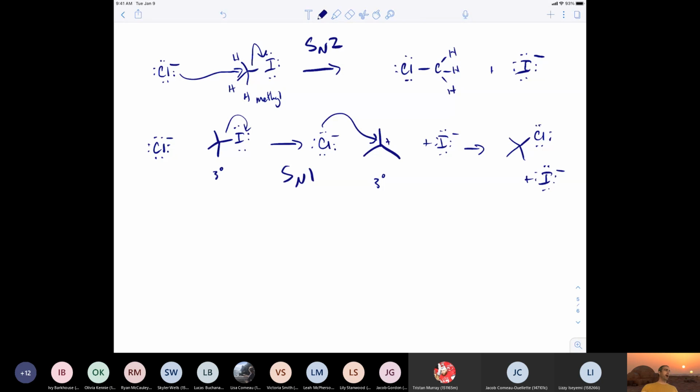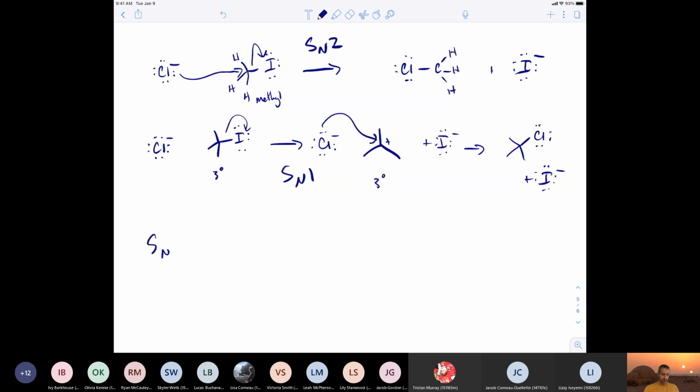SN2 is 1 step, bimolecular rate determining step. SN1, 2 steps, unimolecular rate determining step. SN2 is favored by polar aprotic solvents. We talked about that a little bit.